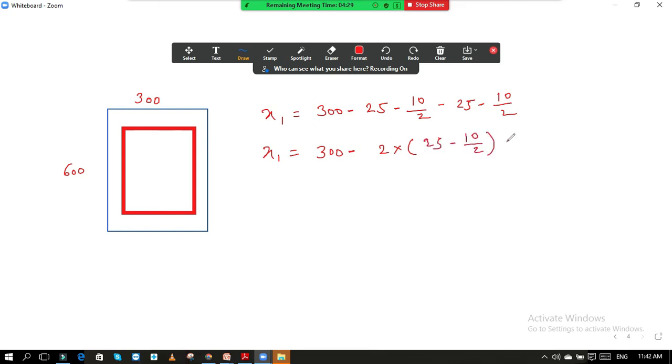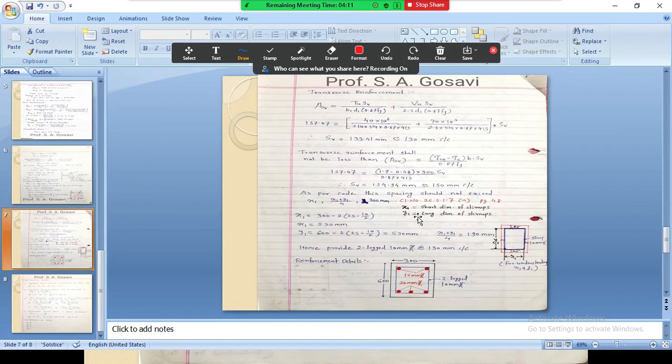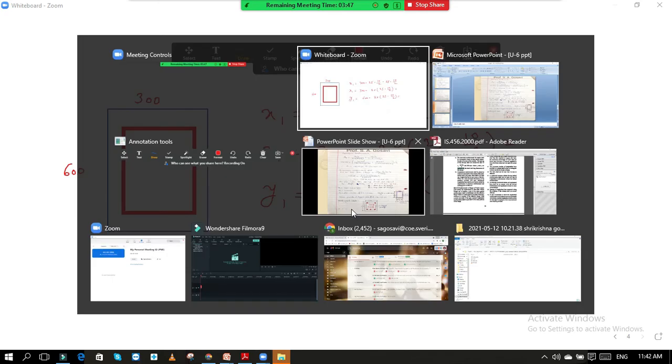So let me know the answer. What is the value of x1? तेवढ्यात मी y1 लिहितो पुढं. y1 is equal to what? It is 600 minus 2 into 25 plus 10 by 2. Let me know the values.